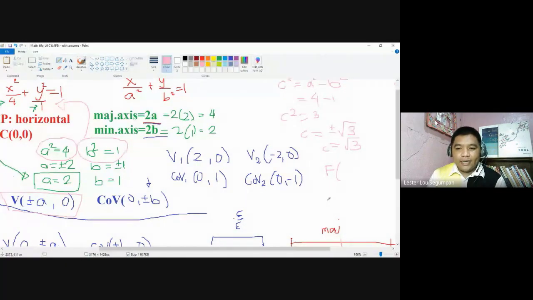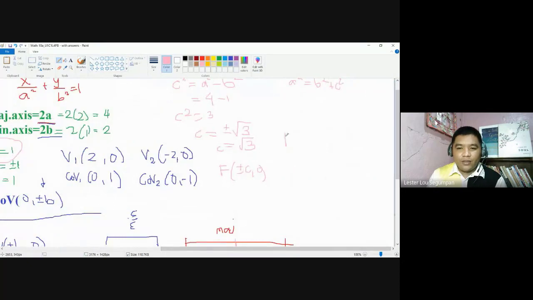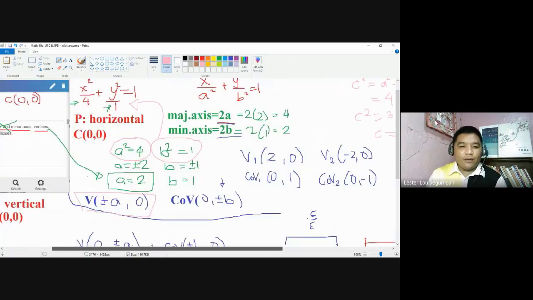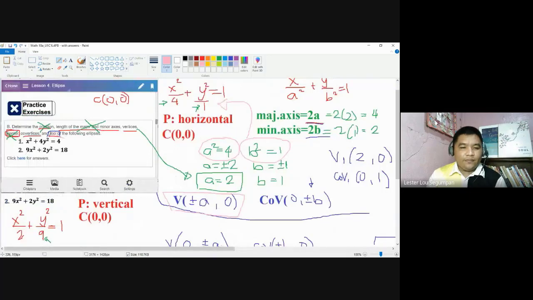It is actually C. So we have plus minus C and then 0. So the foci for number 1: the first focus is at positive square root of 3 and then 0. And the second focus is at negative square root of 3 and then 0. These are the foci for number 1.